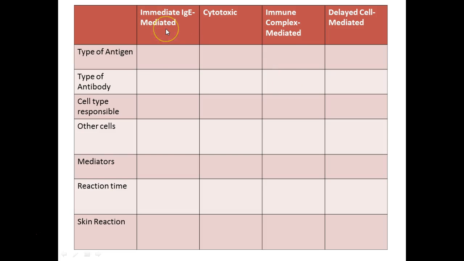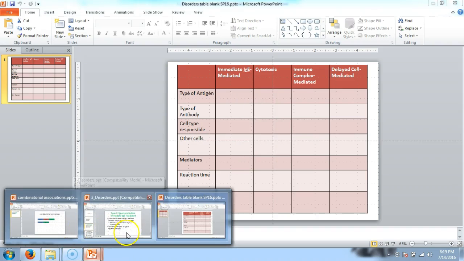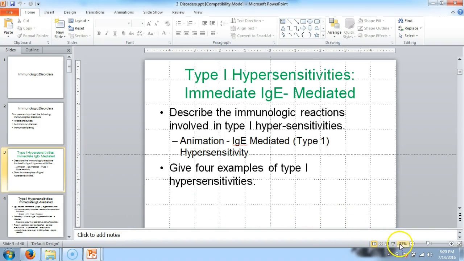Well, this one, it's nice, it tells you in the name, IgE. What other cells might be involved, what mediators, how long does it take on average for the reaction to happen? And is there a skin reaction? And if so, what is it like? So that table can be really helpful in digesting all the information for these 3 disorders.